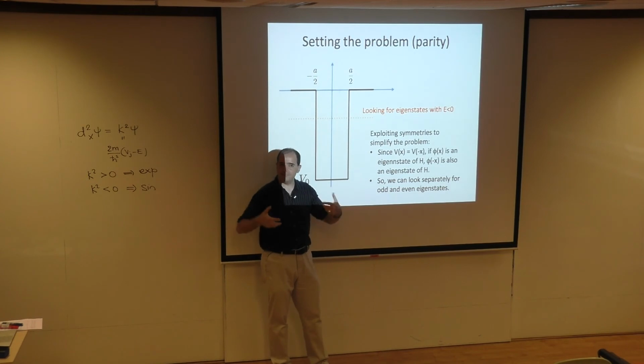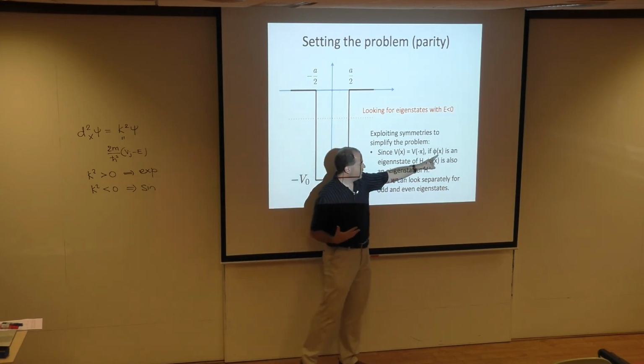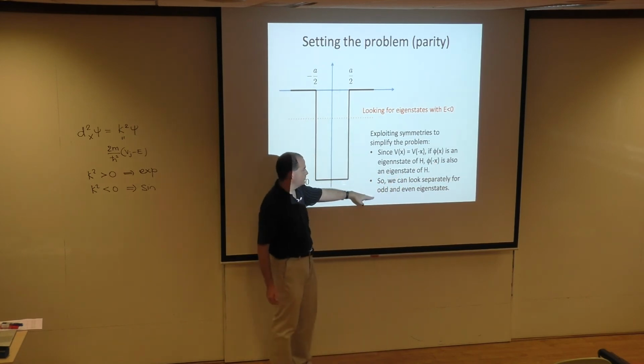But then we can play in that basis and say, wait a moment, I will rather play with the even and the odd superposition. Because in this case, phi of x plus phi of minus x is a solution, and phi of x minus phi of minus x is also a solution for the same energy. It's a degenerate eigenspace, if you want. So we can look separately for odd eigenstates and even eigenstates.